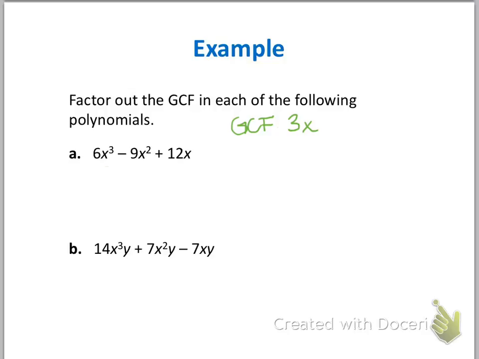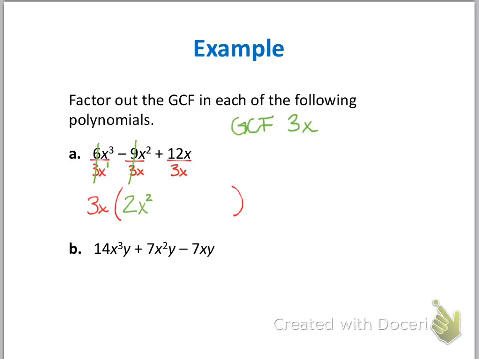So I'm going to divide each piece by 3x. I'm factoring out the GCF. So the GCF is going to go on the outside of a set of parentheses. I'm undistributing. 6 divided by 3 is 2. x cubed divided by x to the first is x squared.